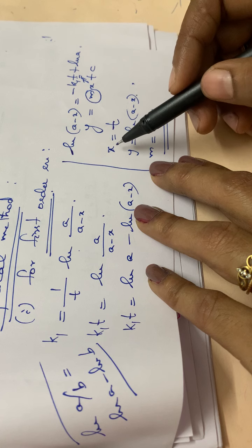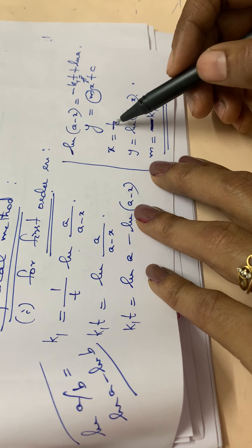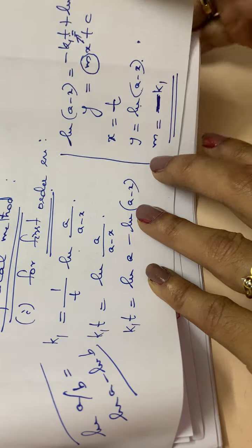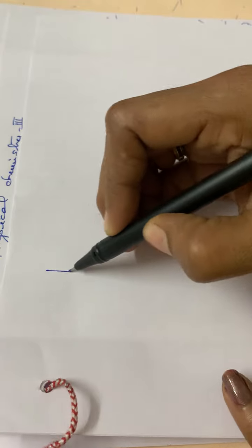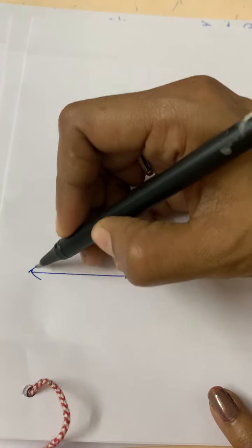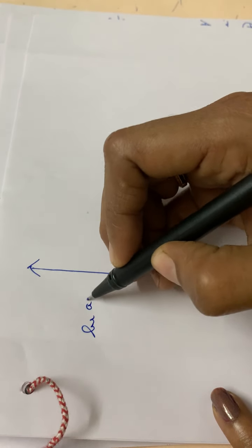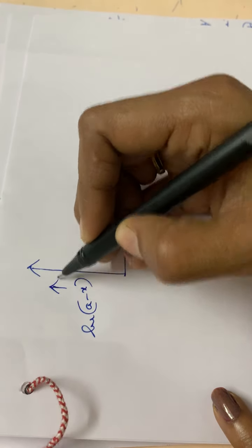So this particular reaction will have a negative slope. Here we have to draw a graph with t along the x-axis and ln (A minus x) along the y-axis. So you have to draw the graph also. In the graph, t along the x-axis and ln (A minus x) along the y-axis.